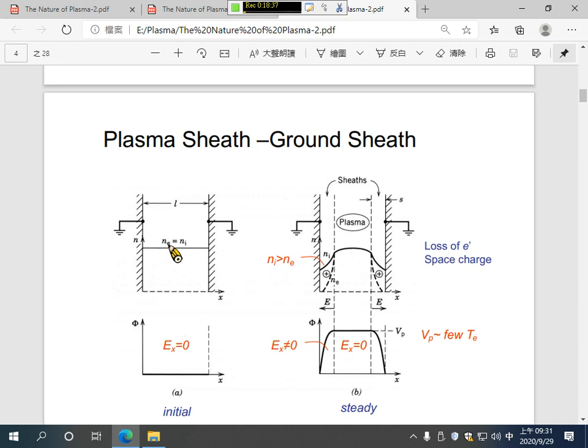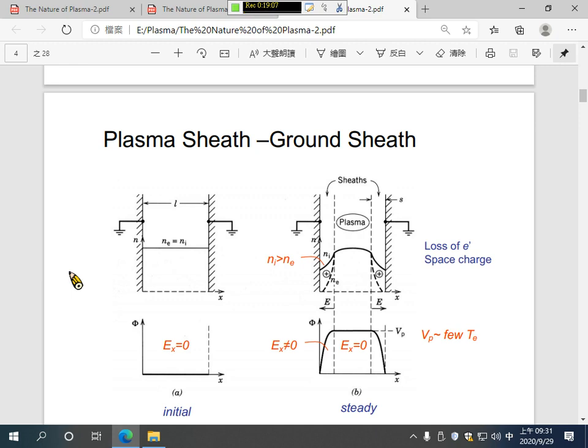So the negative charge and positive charge are equal, and the density of electrons and density of ions are equal. In this upper left figure, the vertical axis shows the density of charged particles.